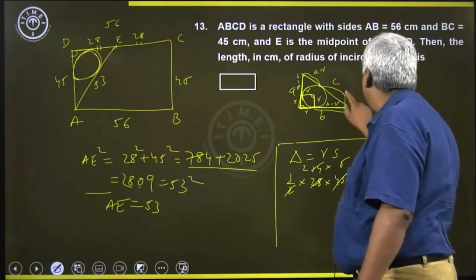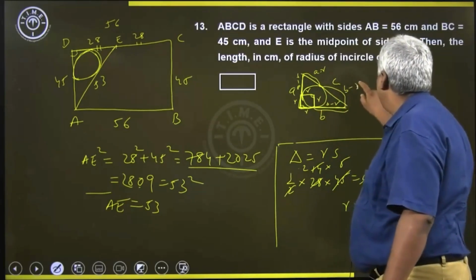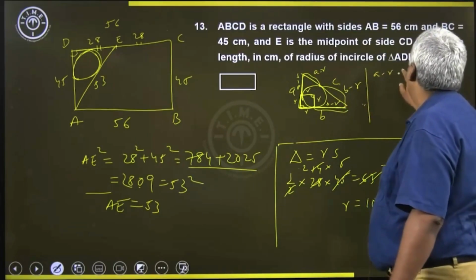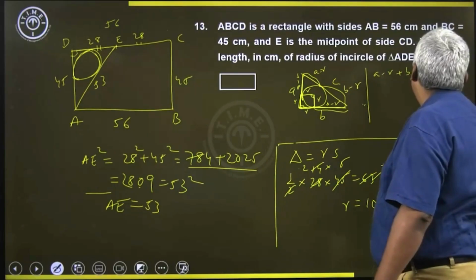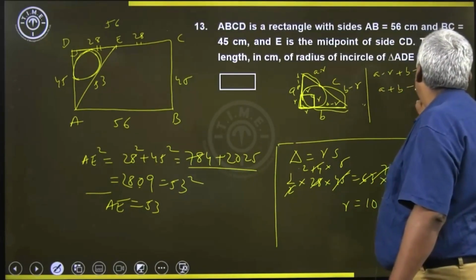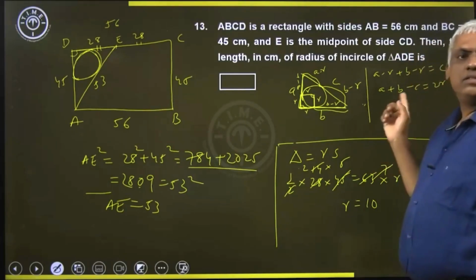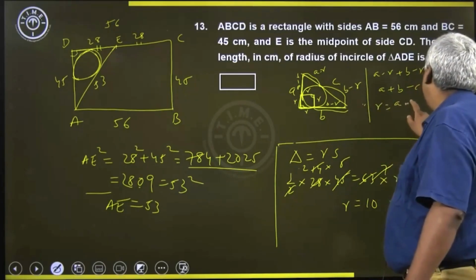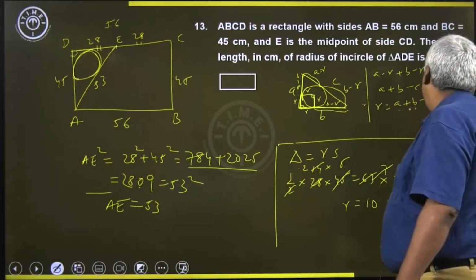So a minus r plus b minus r equals c. So a plus b minus c equals 2r, okay? This is only for a right angle triangle, so r will be a plus b minus c by 2.